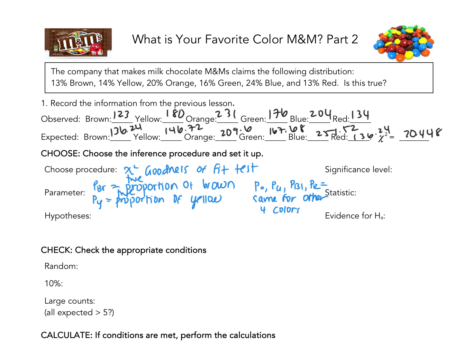The hypotheses we already wrote. So our null was that P of brown was 0.13, P of yellow, I think, was 0.14, and so on and so forth. Our alternative was at least one of the above proportions is incorrect.